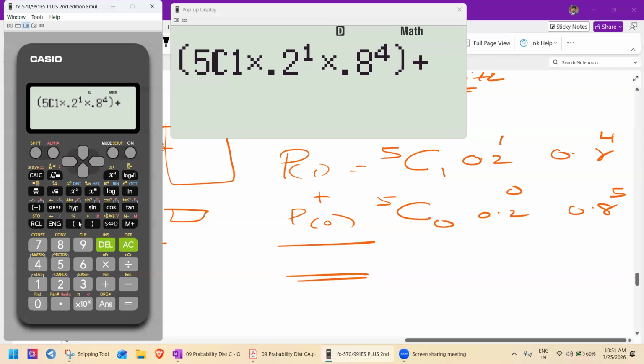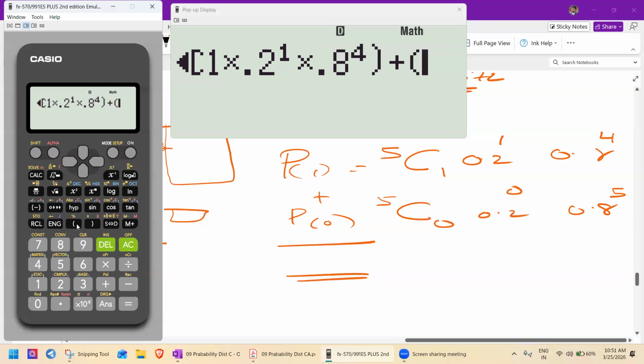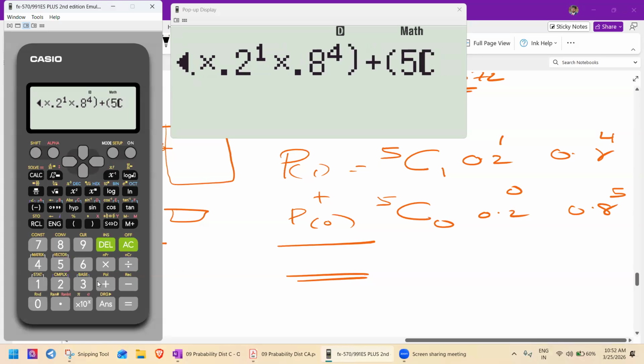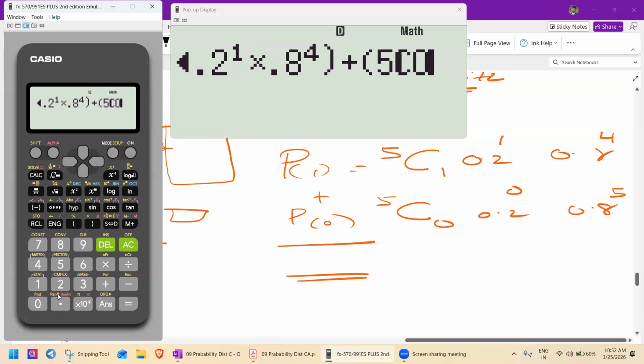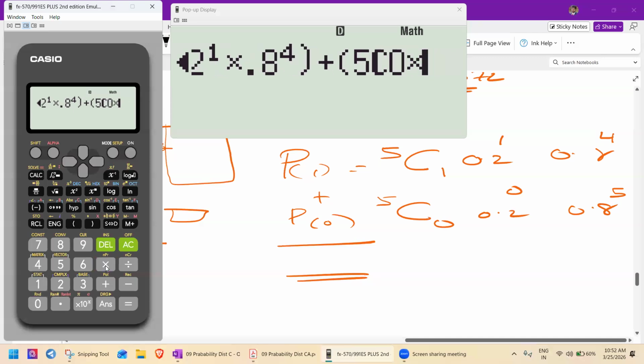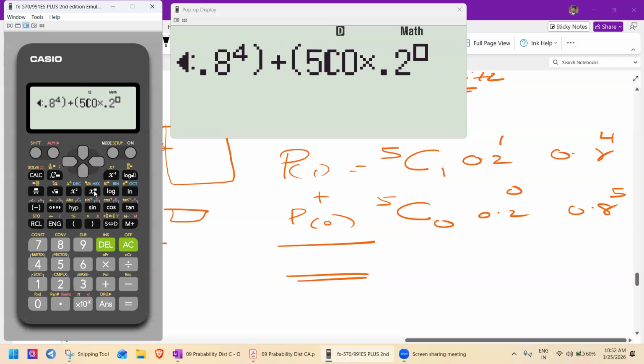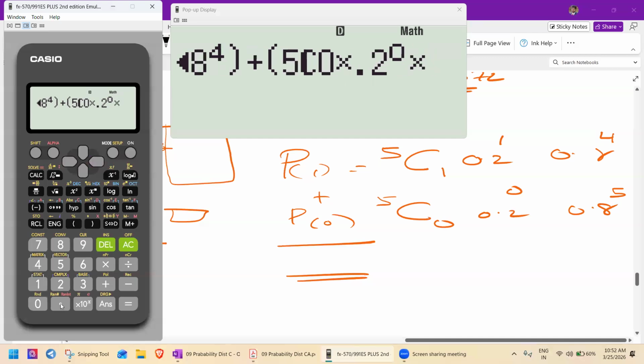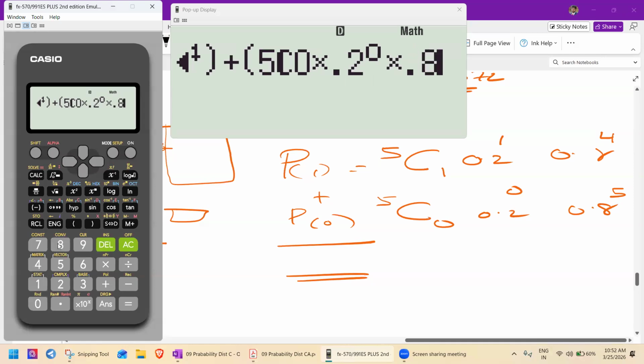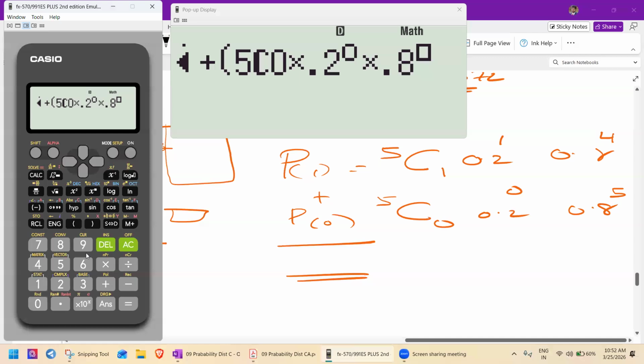Plus nCr, 5 C r equals 0, into 0.2 power 0, into 0.8 into the power 5.